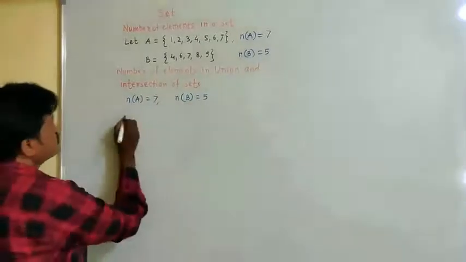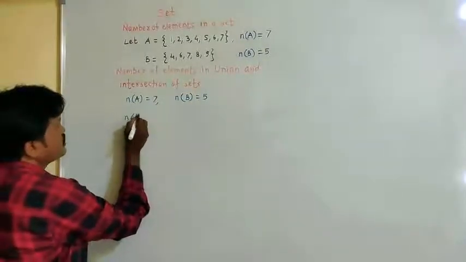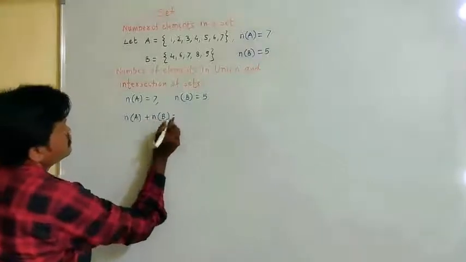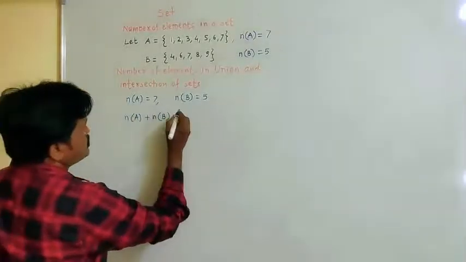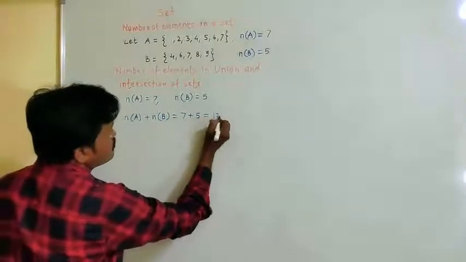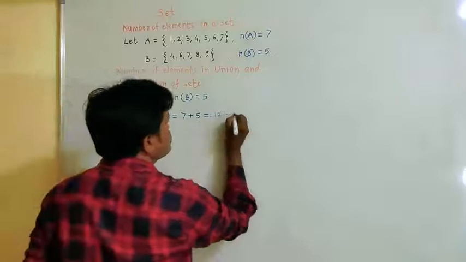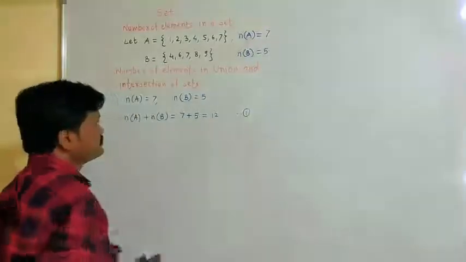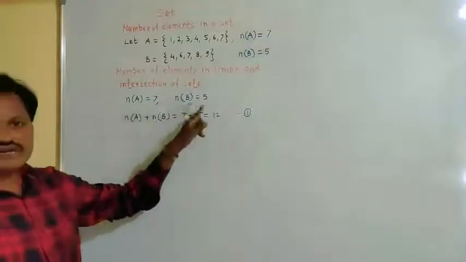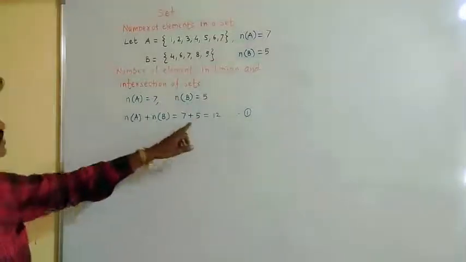Summation of this, n of A plus n of B is equal to 7 plus 5, that is equal to 12. So that is the number 1. So n of A is 7, n of B is 5, and sum of this is 12.